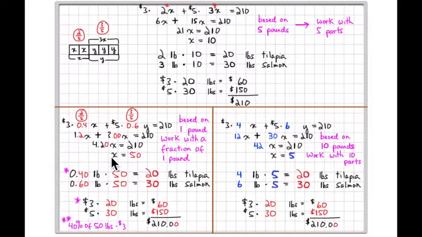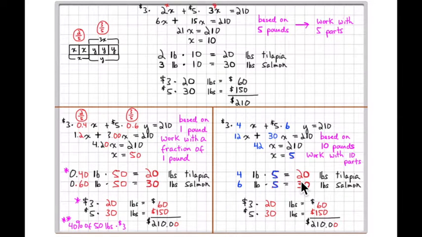So I can purchase 1 pound 50 times. That's 50 pounds. So this is now 50, and the average cost is $4.20 per pound, because I'm buying 50 pounds. So it's $210 total divided by 50 pounds. The average price per pound gets me 50 pounds of fish. Up here, if I divide 21 by 5, I'm going to get that $4.20.